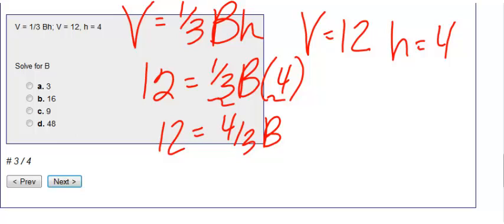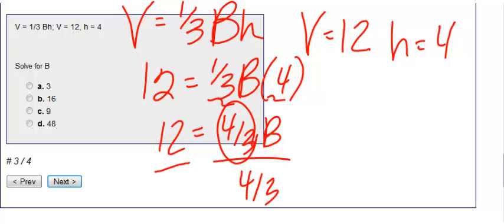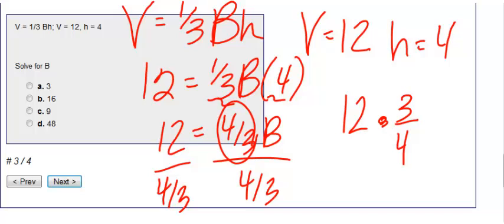Big B. I'm still trying to get this B by itself. So what I need to do is get rid of this. It's 4/3 times B. So I'm going to divide by 4/3. Now let's remember our rules. We cannot divide by a fraction. What we're really going to be doing is multiplying by the reciprocal. So I'm taking 12 times, and I flip that 4/3 to 3/4.